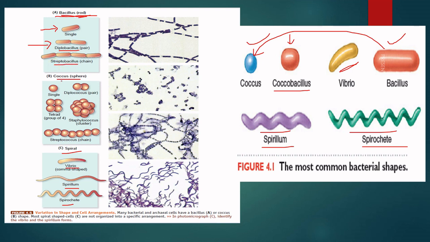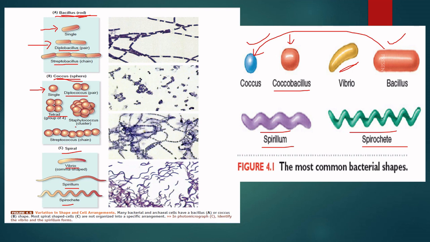Next, for coccus bacteria or spherical bacteria, if they are present in single form, we can say that is a coccus bacteria. If they are present in double arrangement, then we will call it a diplococcus. If they are present in tetrad form or group of four, then we call them tetrad.